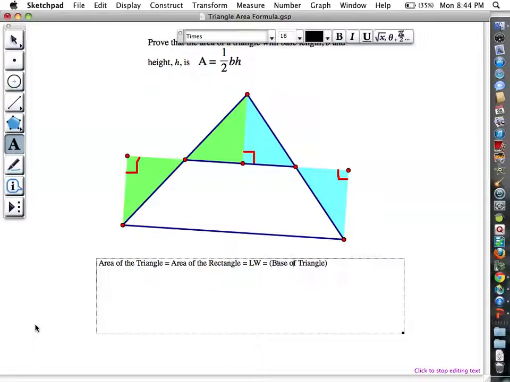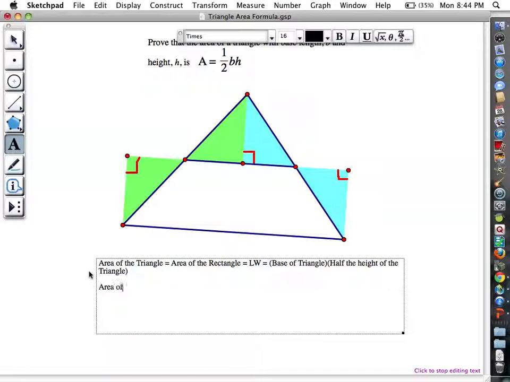The width of the rectangle is half the height of the triangle.